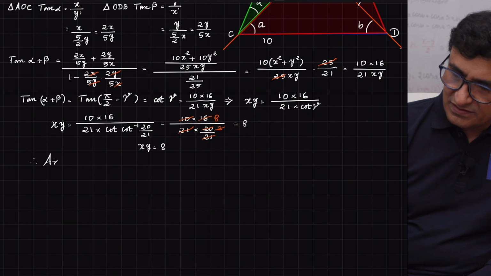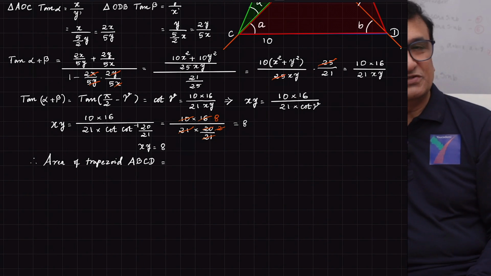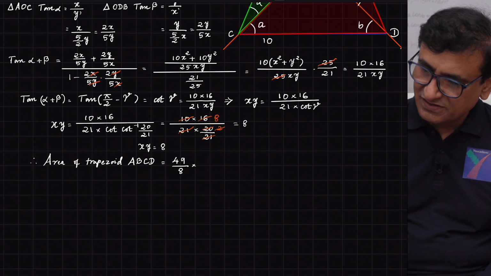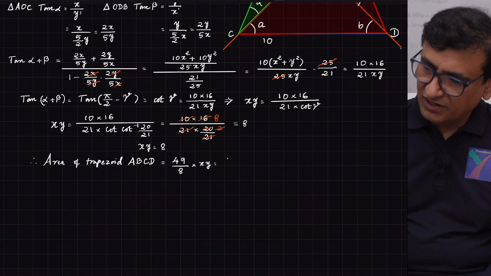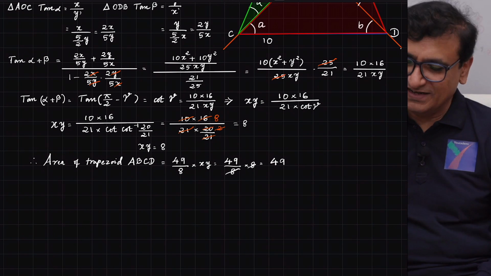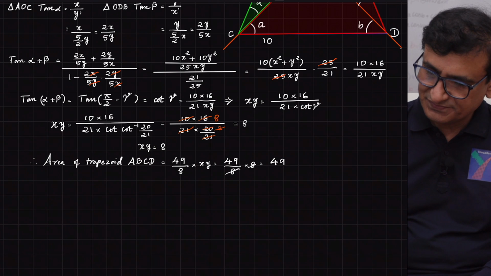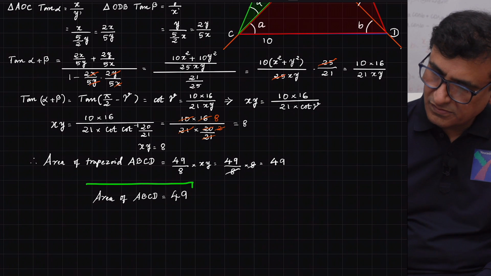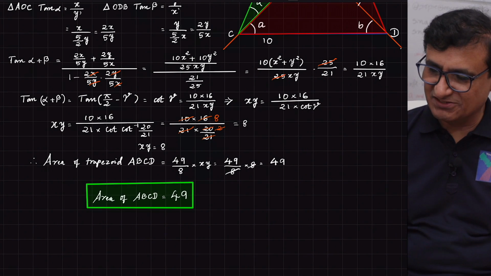Therefore, area of the trapezoid ABCD is 49 divided by 8 into xy, equals 49 divided by 8 into 8, equals 49. So that's my final answer. Let me box it. Okay, there it is, our final answer.